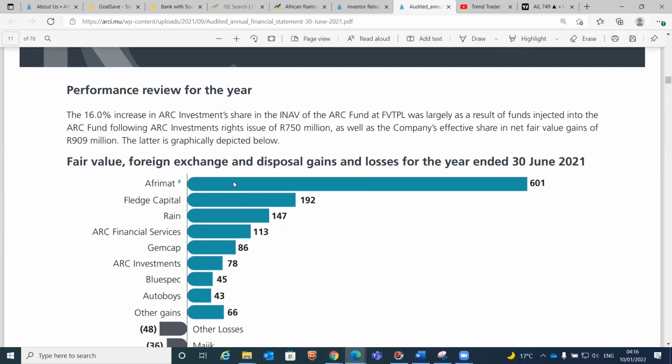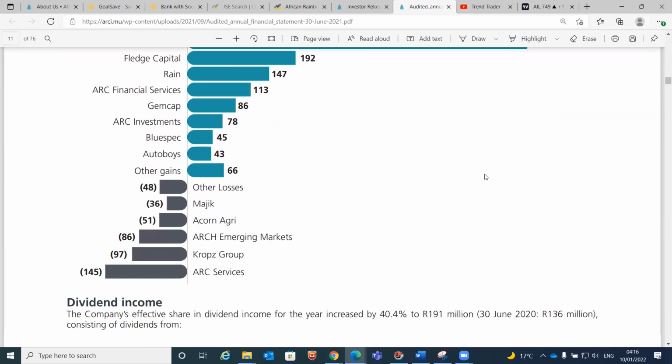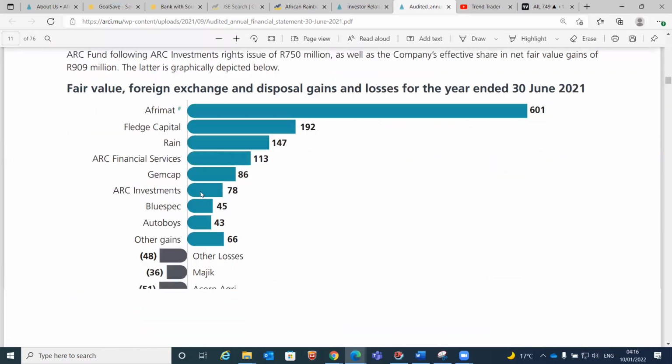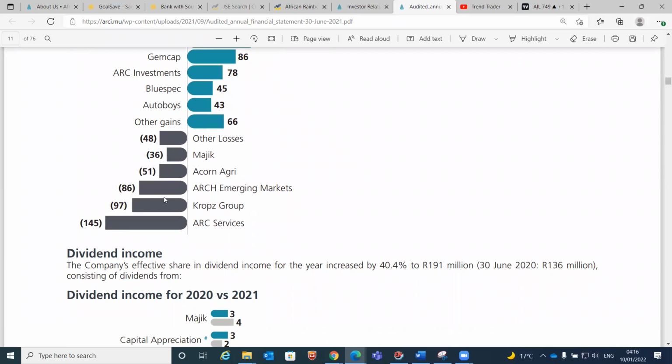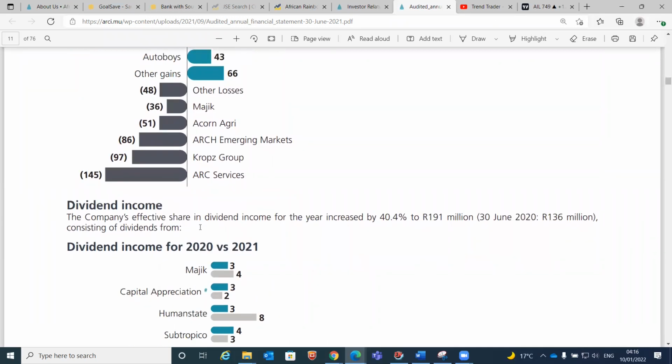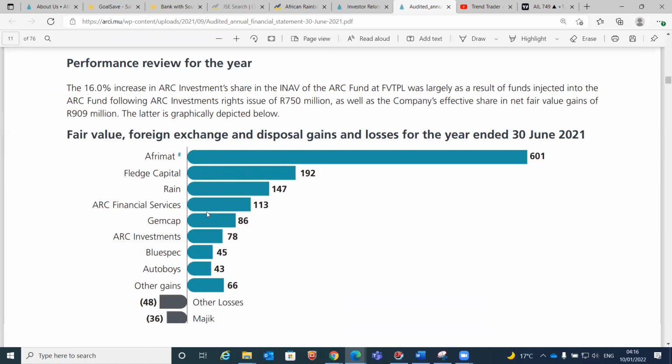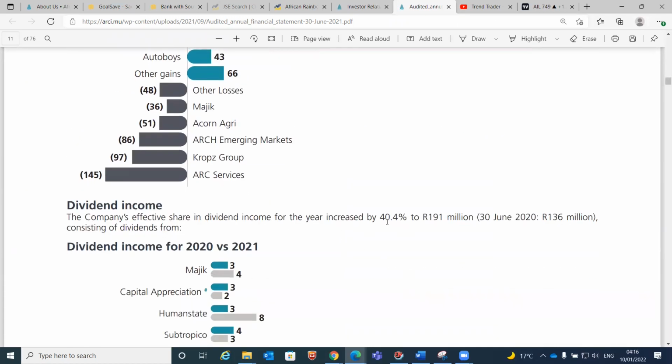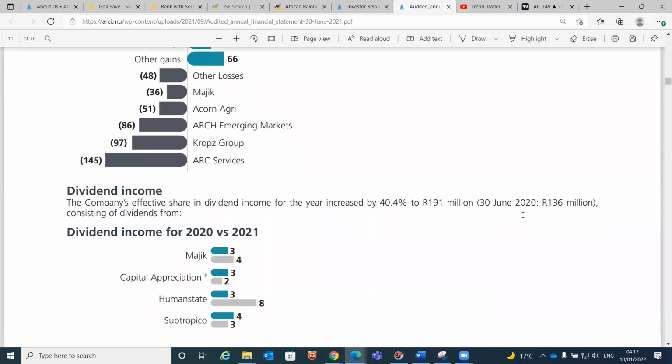Remember, they said that F.I.R.E was one of their best performing assets, as you can see here, but there are some assets that are not performing that well. They're just still running at a loss. And then the dividend income that they get from all the companies that they have invested in increased by 40% to 191 million, compared to the previous period where they received dividends of 136 million.